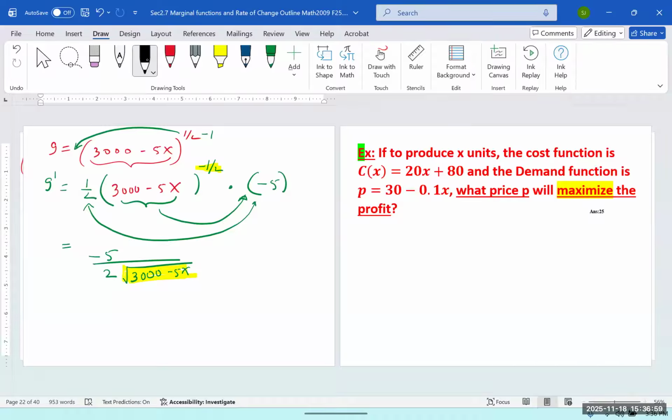What price will maximize the profit? They gave us cost, they gave us demand, but they want us to maximize profit. So how do you connect that? How can you connect cost and demand with profit?